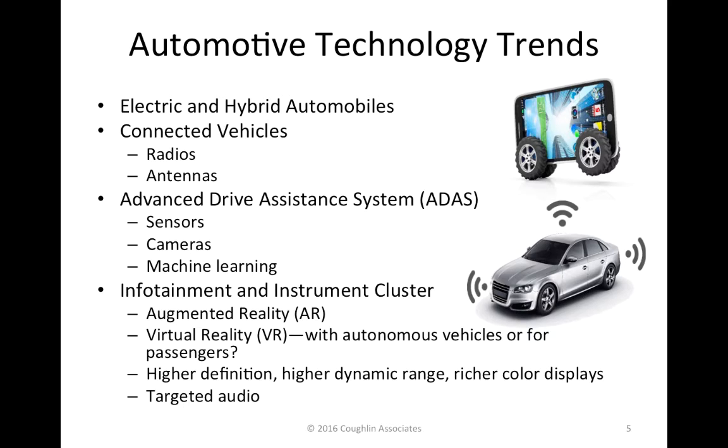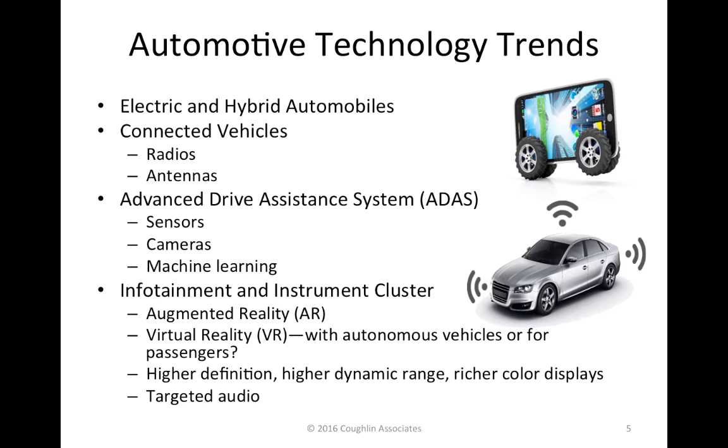And then there's the various information and entertainment functions, as well as the instrument cluster for looking at internal status conditions within the car itself. With regard to that information and entertainment, augmented reality is certainly a possibility where we overlay information about your local environment and things that are going on around you on top of a normal vision of things as they exist.